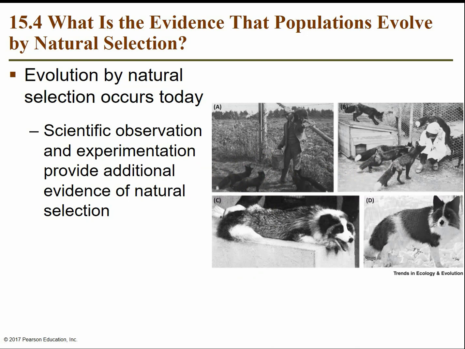So they only select the most docile, the most friendly puppies or kits in the fox's case to reproduce for the next generation. And then in that second generation, they pick the most docile, most friendly kits for the next generation.